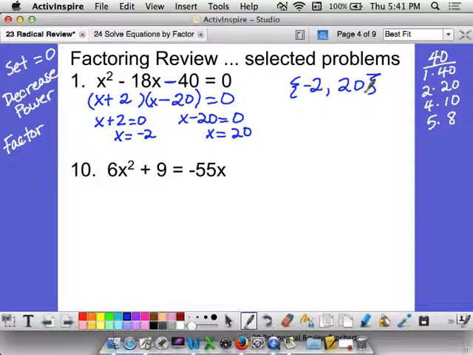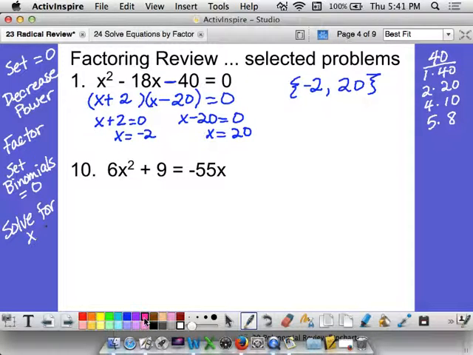One of the things I want to add over to the side here is, once you factor, set your binomials equal to 0 and then solve for x. Let's just put all the steps up here.